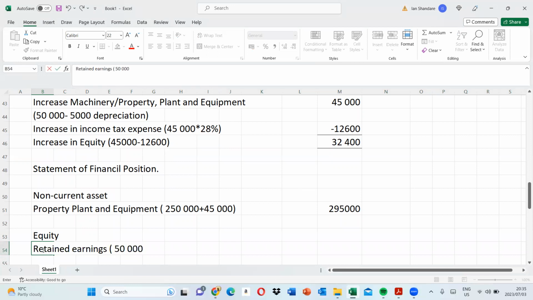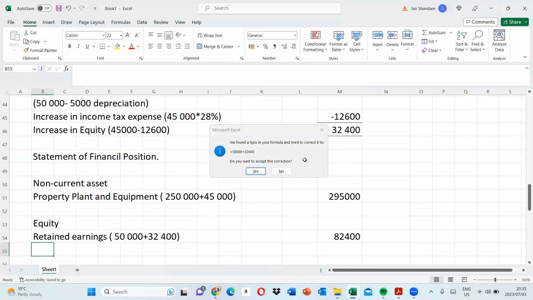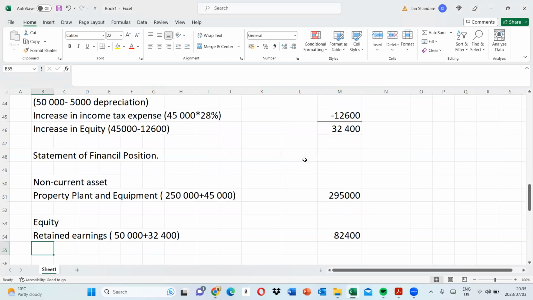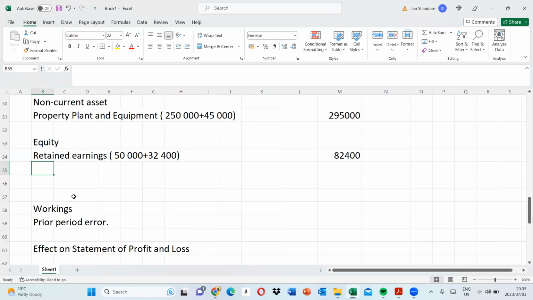Then you see that your equity is going up with 32,400. You then come and add it like this. You see that? So that is how the prior period errors can also affect your statement of financial position. Let's look at the statement of profit and loss.